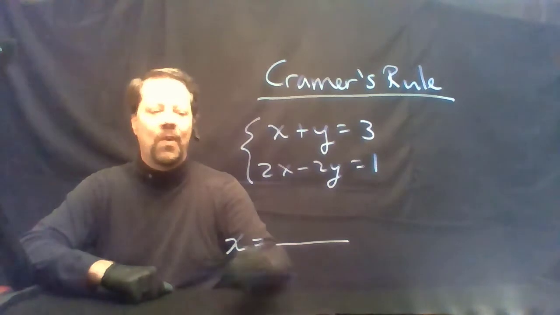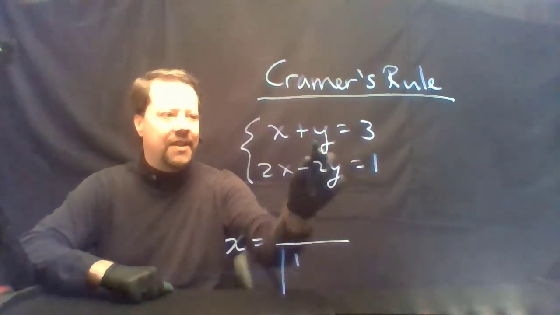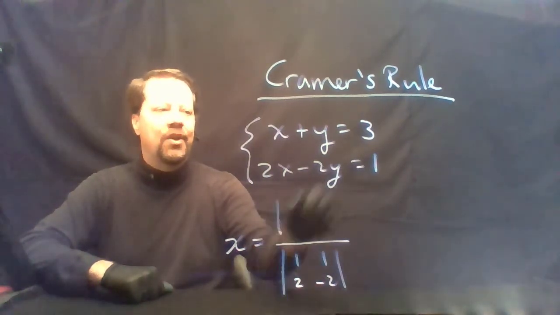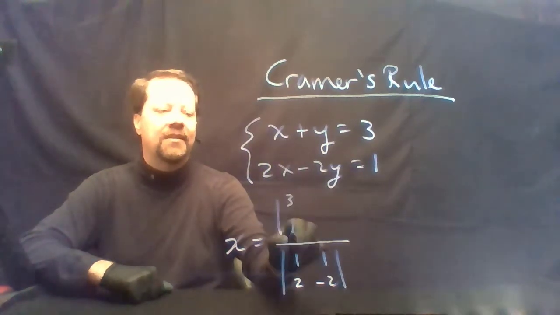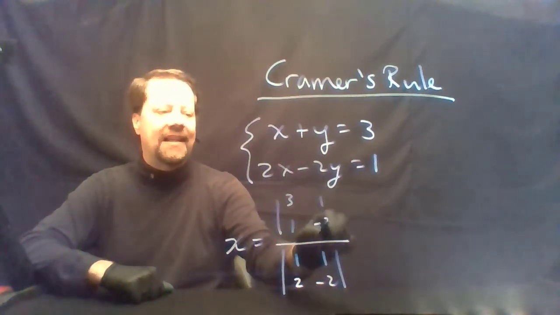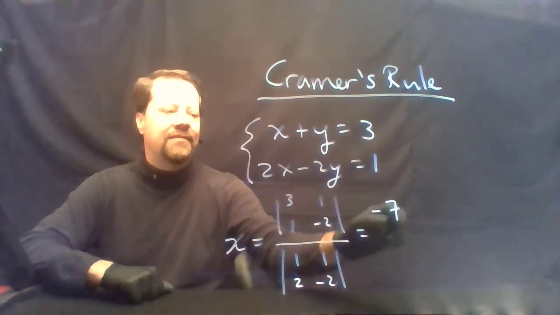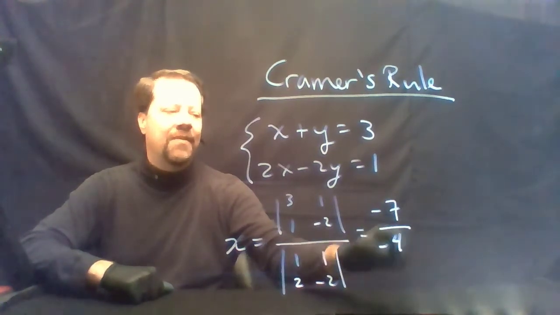Cramer's rule says you can get the solution immediately. The x-coordinate of the solution will be, the denominator will be the determinant of the coefficient matrix. The numerator will be the same determinant, but with the x coefficients replaced by the right-hand sides. Negative 6 minus 1 is negative 7. Negative 2 minus 2 is negative 4.